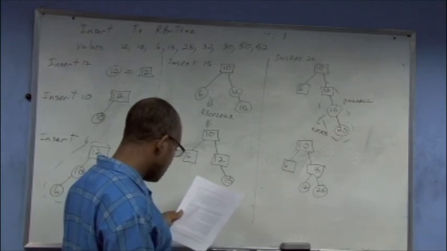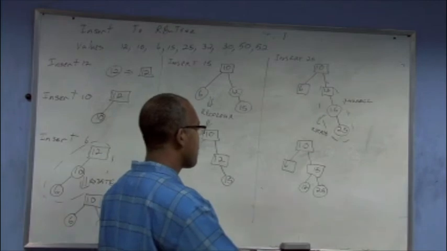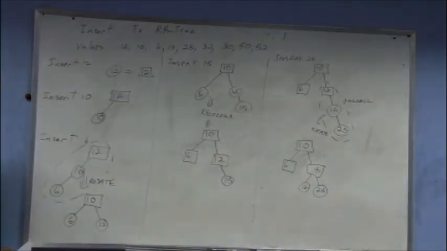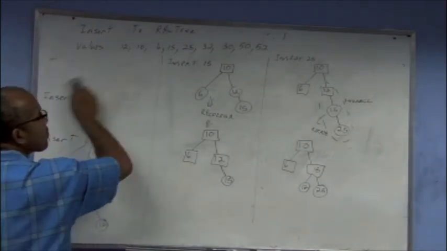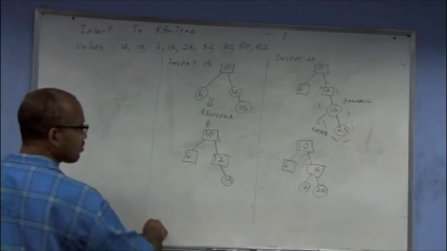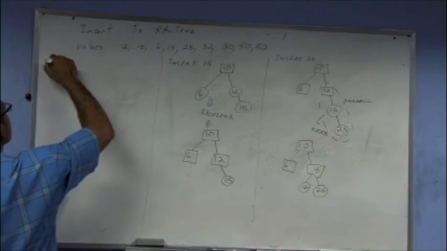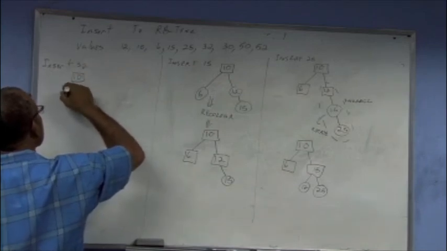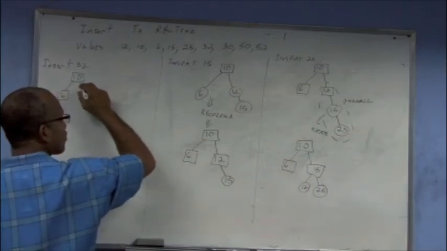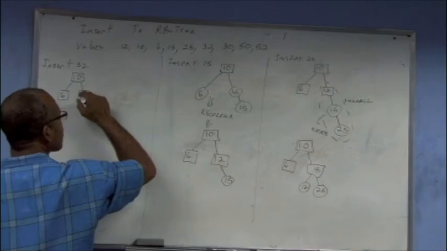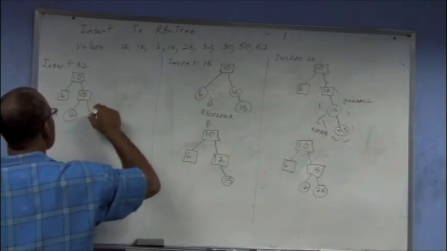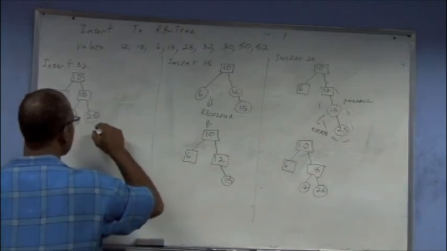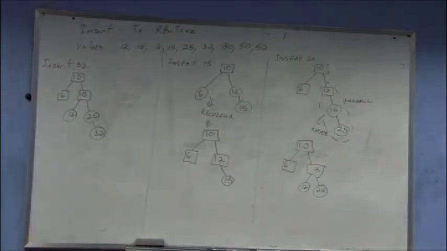Then we're going to insert 32. Are we done? 3-node critical cluster, or 3-node CC.